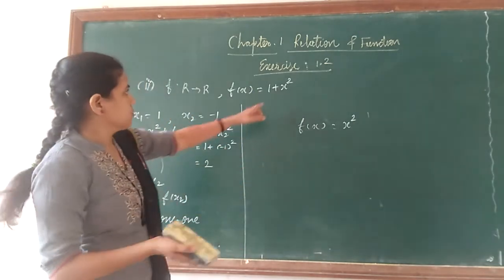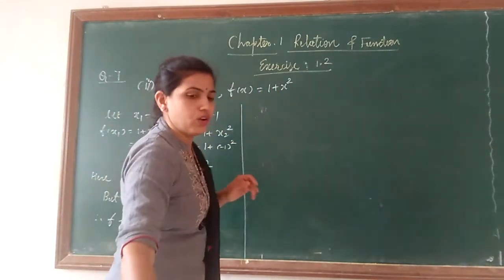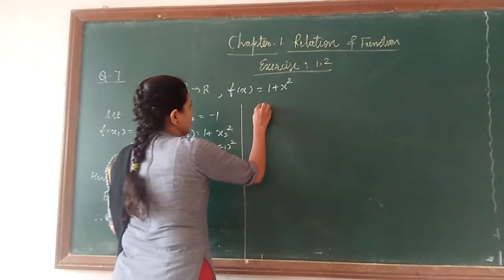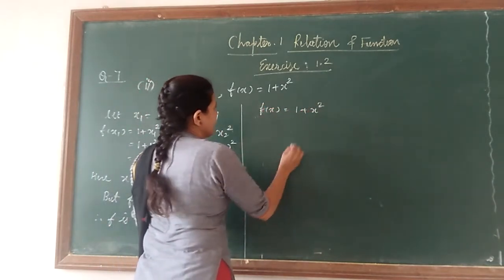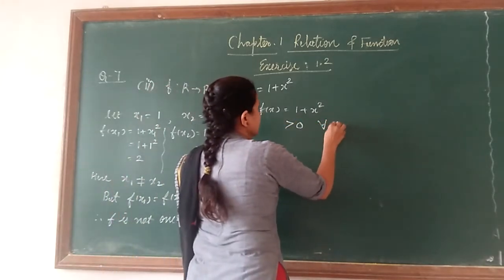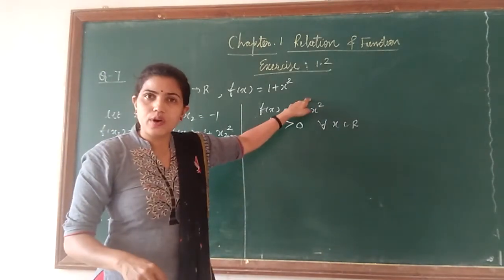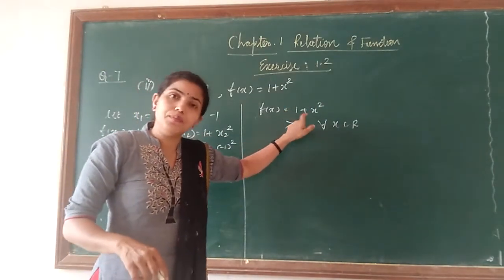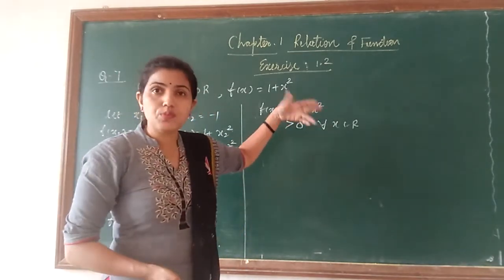How? See, 1 plus x square. So f of x is equal to 1 plus x square is always positive for all x belongs to R. Why? Because x square is positive, and obviously we are adding 1 to a positive number.